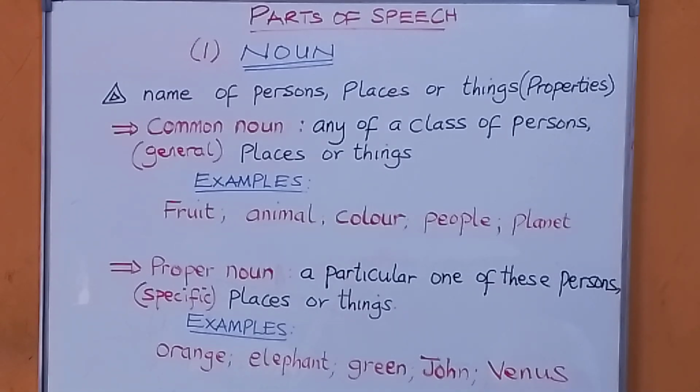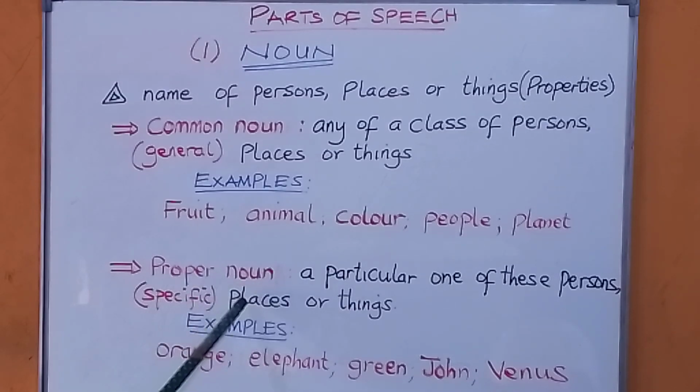So when you say orange, you are mentioning a particular name. Mango, that's a particular name. If you mention guava, that's a particular name. Pineapple, that's a particular name. Another proper noun example: elephant, dog, lion, rabbit.